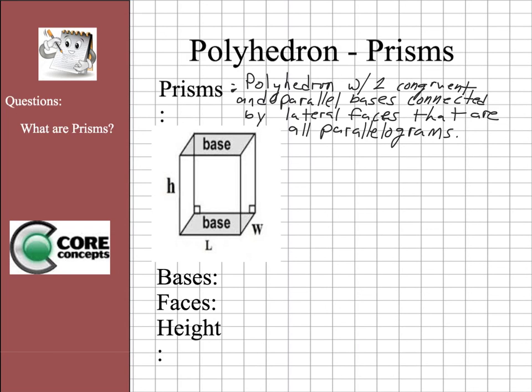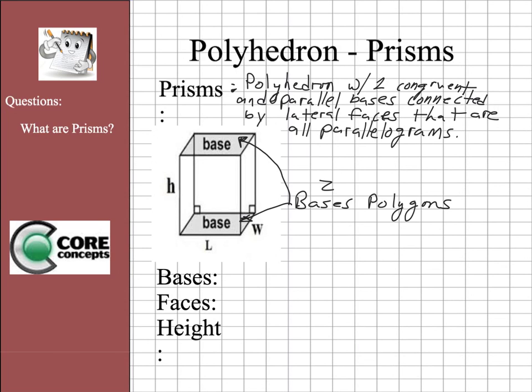So on this diagram, I have this on your paper for you, we already labeled the two bases. Okay, these are our bases. These are parallel, right? They are polygons. They can be any polygon.